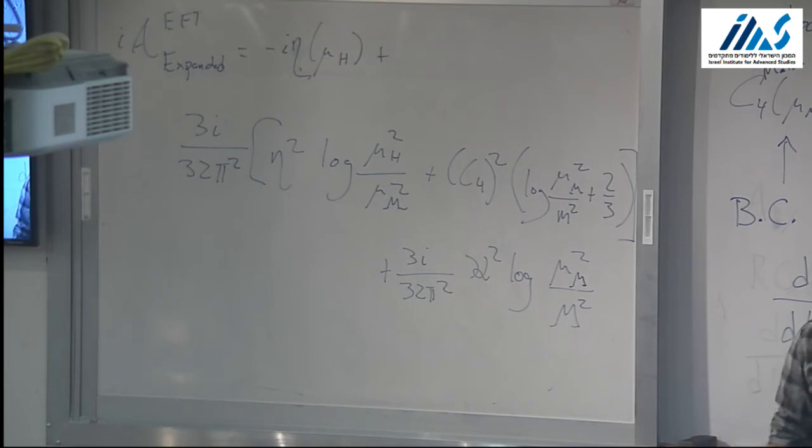I remember you also said there's next to leading log somewhere, but I don't see it here. Where would that appear? Only at two loops? When would we need to take care of that? Good. It depends on how large your logs get versus your couplings. You need leading log summation when the log is of order alpha. You need next to leading log summation when log squared is of order alpha, and so on.